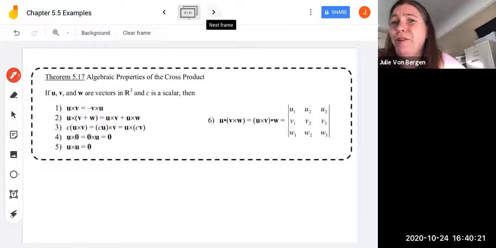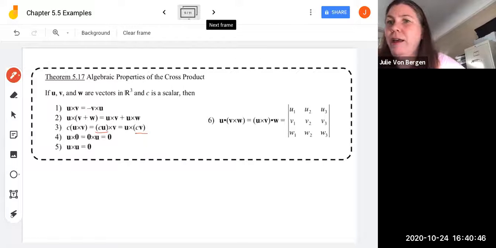The third property is that if you have a scalar c multiplied by u cross v, that's the same as the scalar c multiplied by u cross with v, or you could do u cross with the scalar c times v. So that scalar can get multiplied by either u or v when you distribute. And then u cross 0 is the same as 0 cross u is 0. And then u cross u is 0.